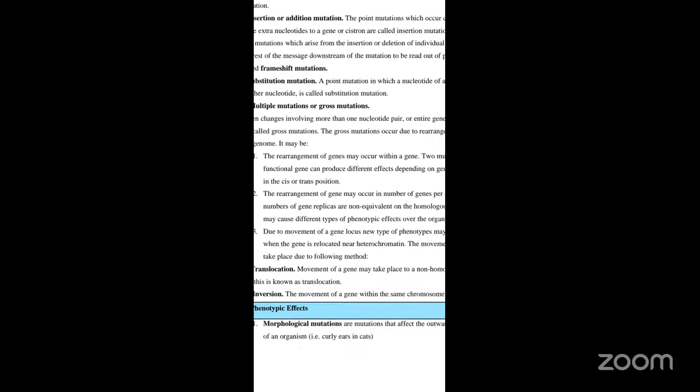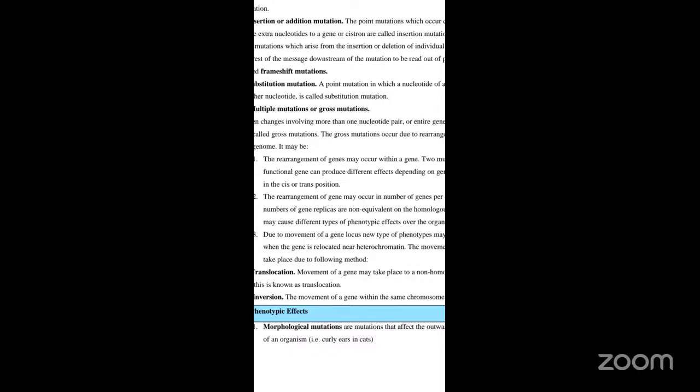So what are those? One is the morphological mutation. Morphological mutations are the mutations that affect the visible properties of an organism, whatever properties we can visualize externally or morphologically. For example, curly ears in cats.